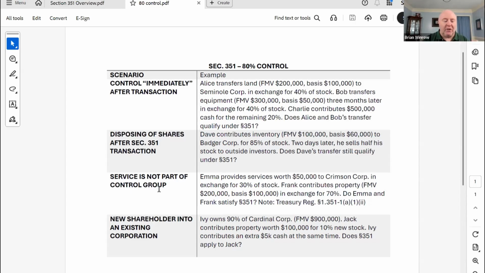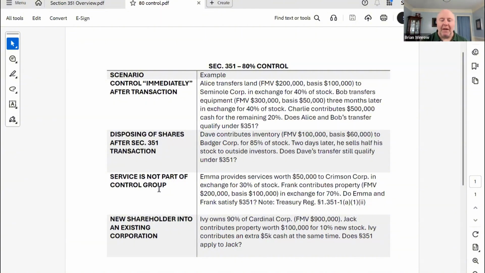So our three that provided property together only have 75% ownership. They don't have 80% ownership. They fail 351 because they do not have 80% control. And because they don't have 80% control, they have to recognize that gain that they were hoping to defer until the future.